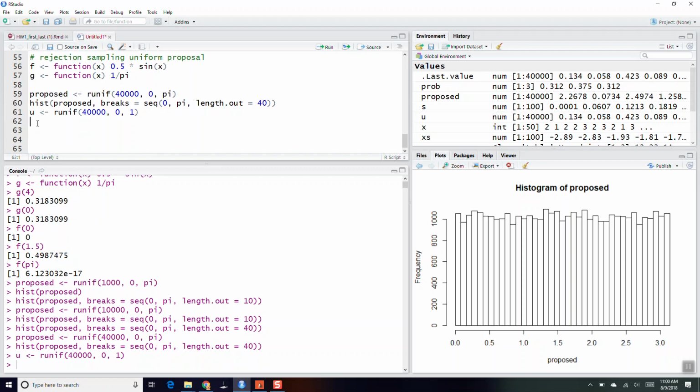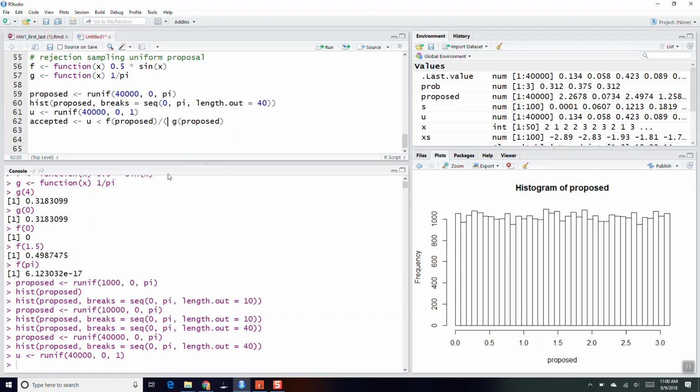And then we will accept if the u is less than the ratio between f and g.